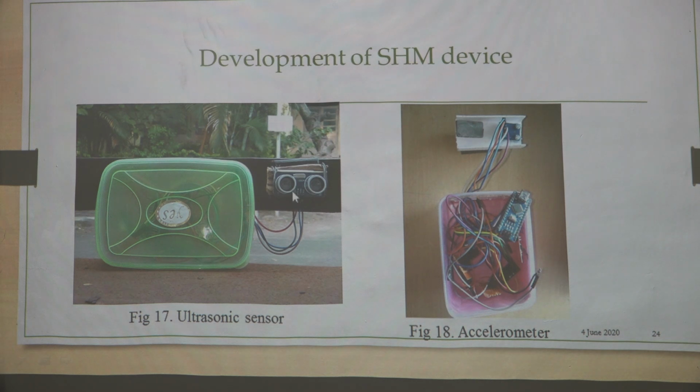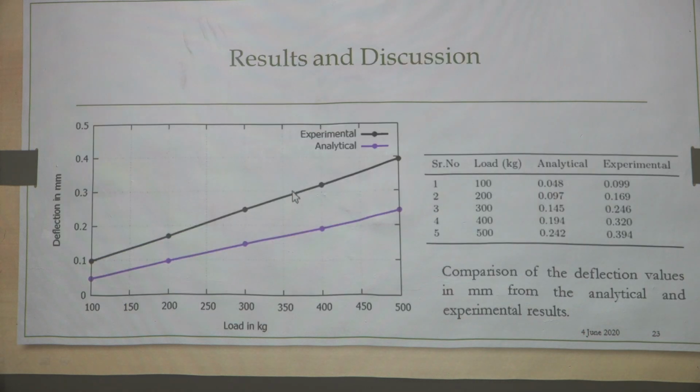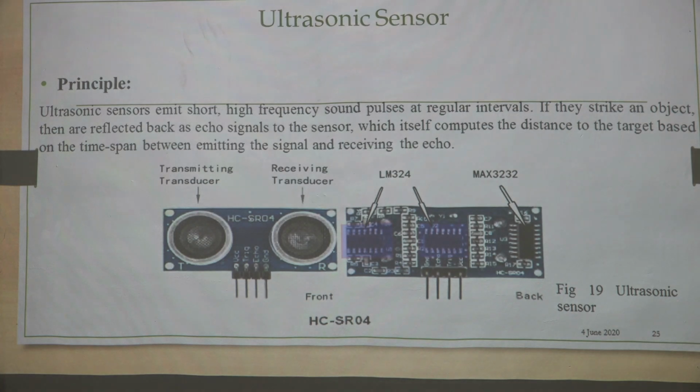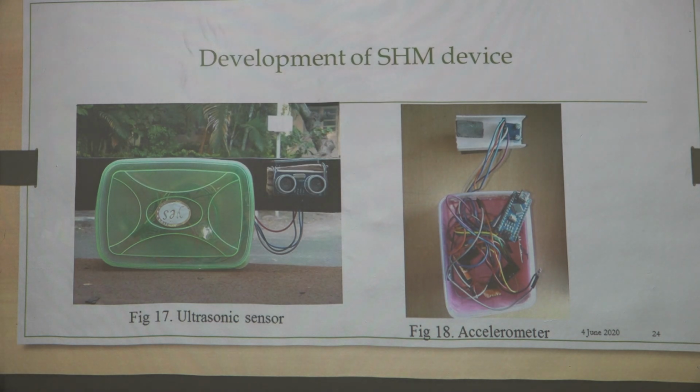Now, the idea behind this ultrasonic sensor is that continuous reading on a real bridge is a very difficult task and will result in huge data. So, the idea we have used in this experimentation, and are going to use in real life, is that whenever the train reaches a particular point, this sensor will trigger automatically, and after triggering, the accelerometer will come into the picture and measure the acceleration.